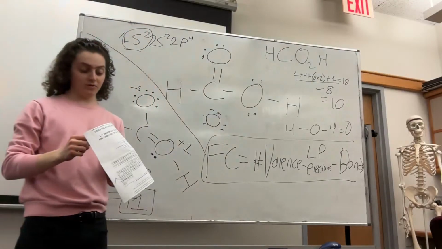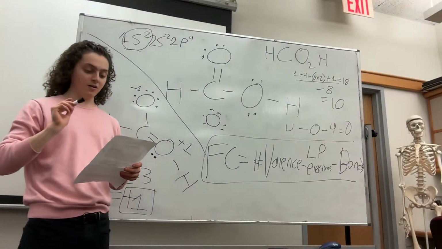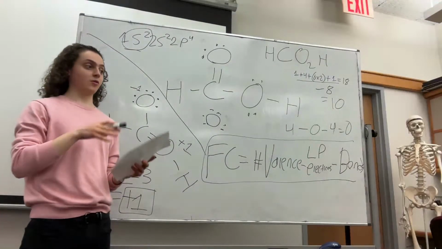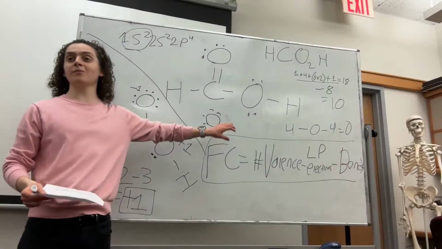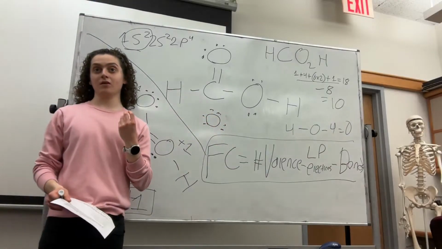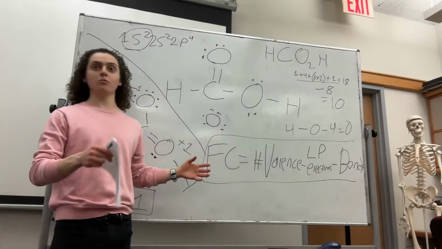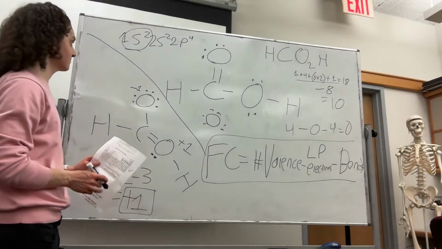In order to find the number of valence electrons, we go by the column on the periodic table, not how many electrons overall it has. We're talking about valence electrons, we're talking about bonding. They're the most important electrons in chemistry because they're the ones that move around during reactions.